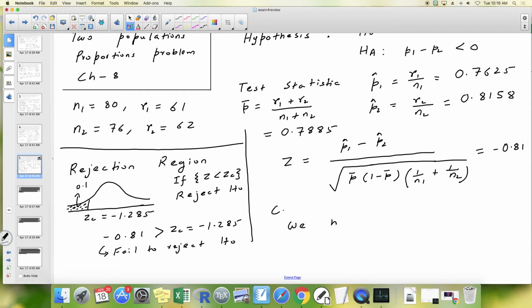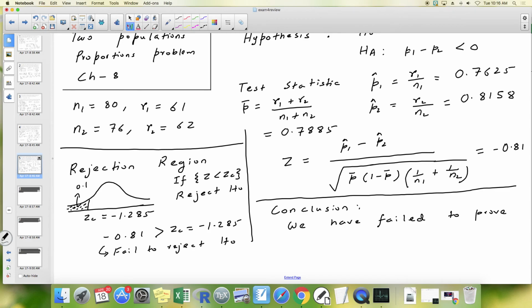So that's our conclusion. We have failed to prove that the new curriculum improves score.